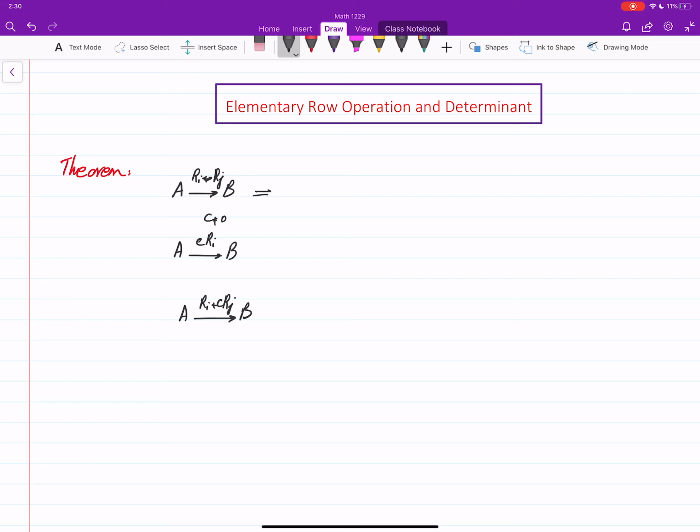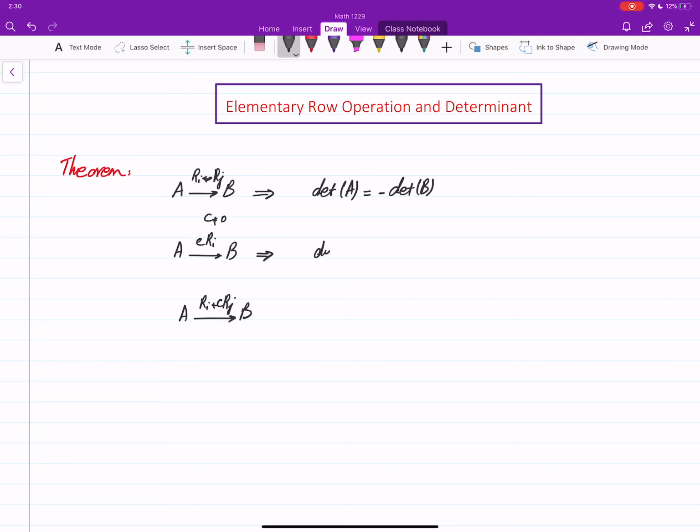And the way determinant of A and determinant of B are related is that if you interchange two rows, your determinant is going to be multiplied by a negative sign. Interchanging two rows, you get a negative sign there.